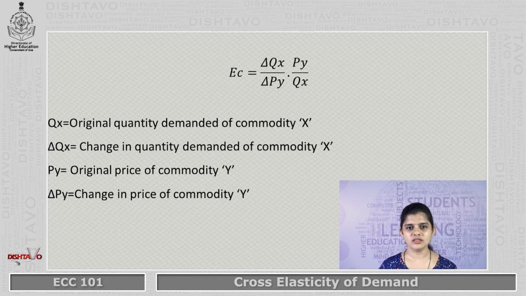In this expression, Ec is the coefficient of cross price elasticity of demand. Qx is the original quantity demanded of a commodity X, whereas ΔQx refers to change in quantity demanded of commodity X. The symbol delta refers to change. Py is the original price of commodity Y, whereas ΔPy is the change in the price of commodity Y.